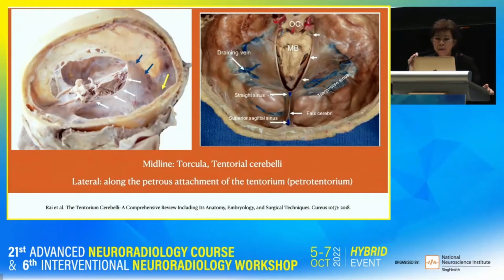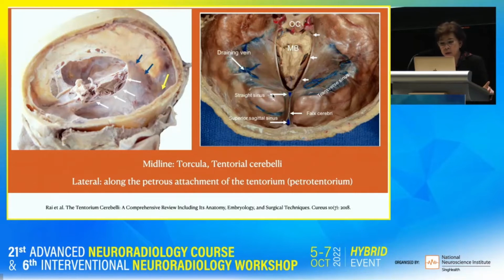Beforehand, I must briefly review the anatomy. As you know, the Falco-Tentorial area is at the junction between the falx cerebri and tentorium cerebelli. Roughly we can divide it into three areas.